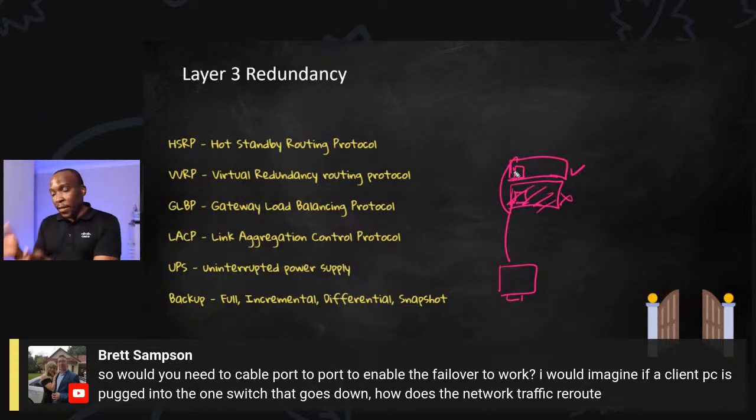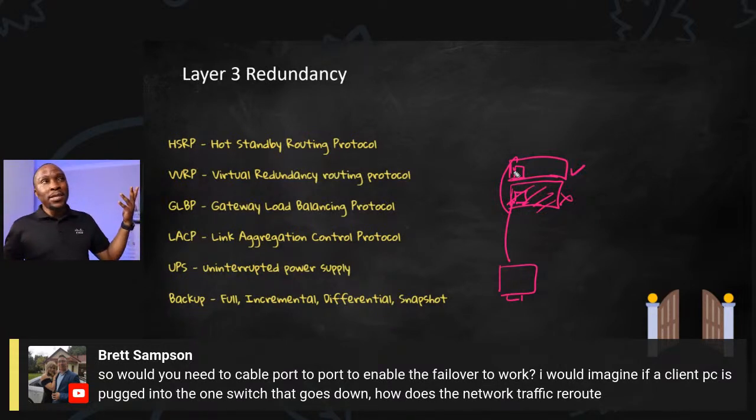So from a physical standpoint, if anything happened at this level, then yes, I can just move this and then you can continue working. Because they're running as one and the same device, it's easy for me to do compared to trying to replace the switch, taking away all the cables, plugging it in, putting all the cables, doing all the configurations and bringing the switch online.